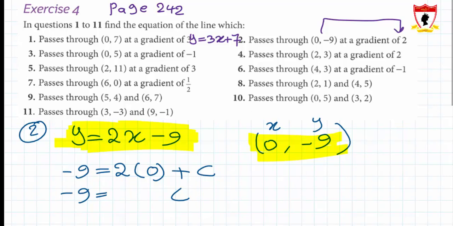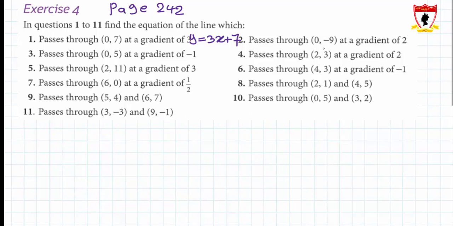Question 3. The equation of question 2: y equals 2x minus 9. Now question 3, a line passes through (0, 5) at a gradient of negative 1. Then for question 3, since the gradient is negative 1, y is equal to negative 1x, or just negative x.